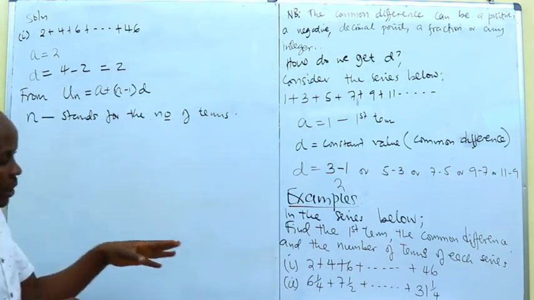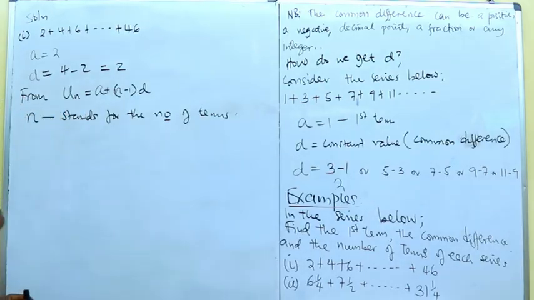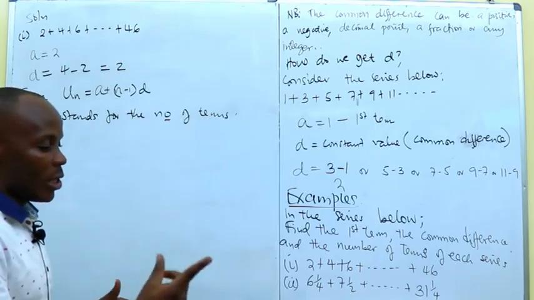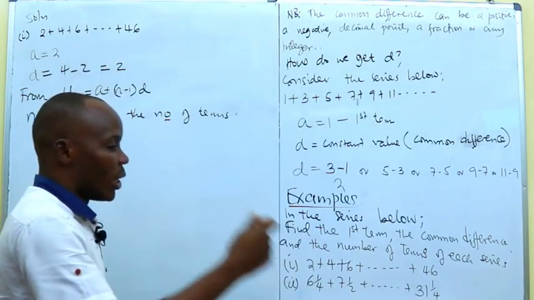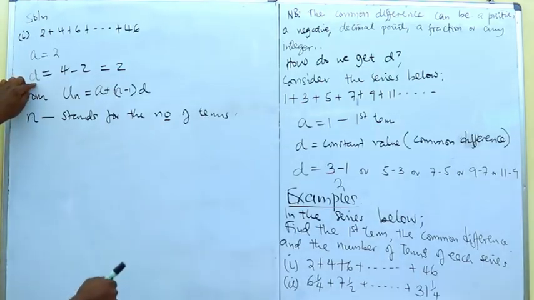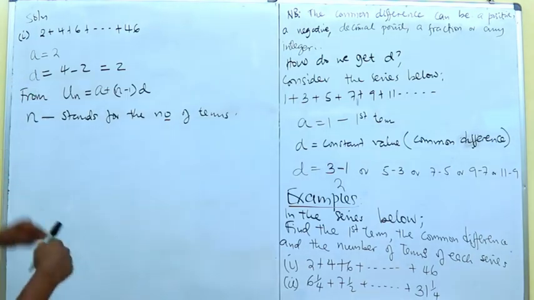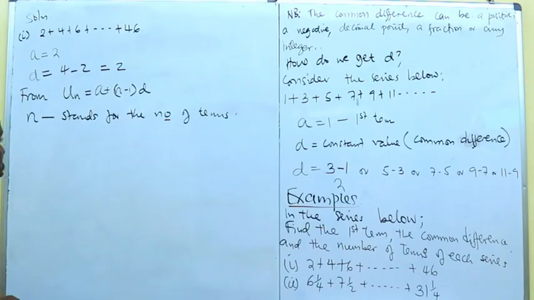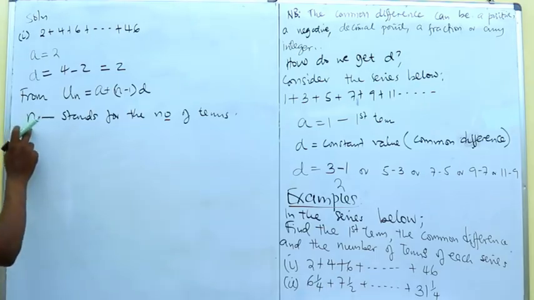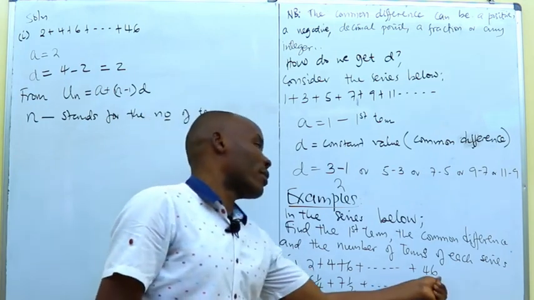When you look at that series in the Roman 1, it is an arithmetic series or an arithmetic progression, because to generate the next term after the other, you keep adding a 2. So we are interested in the number of terms from 2 up to 46.